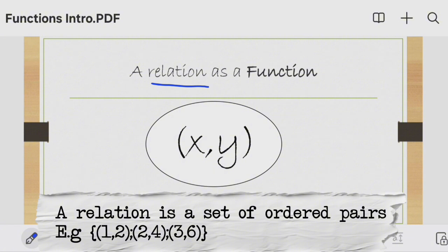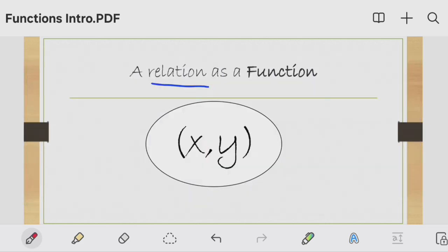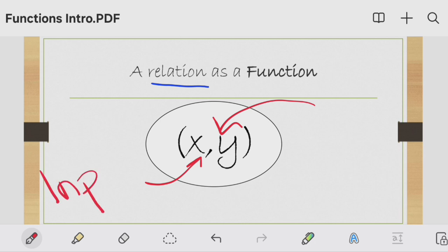In each of those we had an X and a Y, where X is our input and Y is our output. In the language we just learned, X is the independent variable, whereas Y, our output, is the dependent variable.